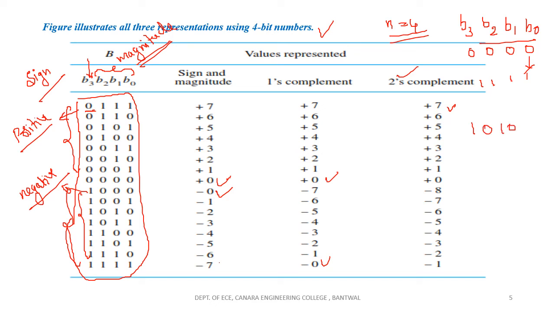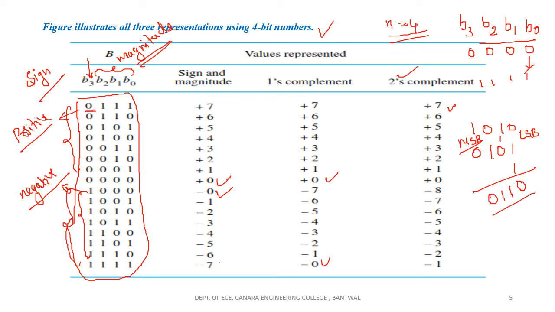In order to take the 2's complement, I first do the 1's complement, that is 0101, then add 1 to the LSB. This is the least significant bit and this is the most significant bit. Just add 1 to the LSB: 1 plus 1 is 2, that is 0, 1 becomes carry, 1, 1 and 0.